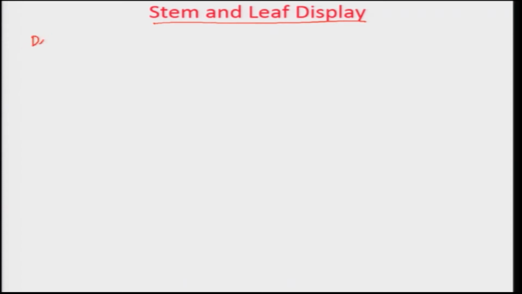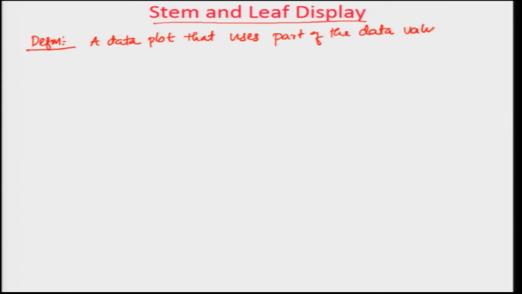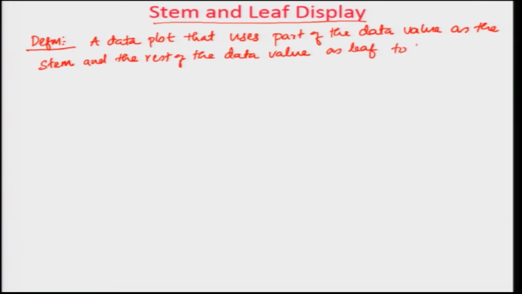By definition, a stem and leaf plot is a data plot that uses part of the data value as the stem and the rest of the data value as the leaf to form groups and classes.